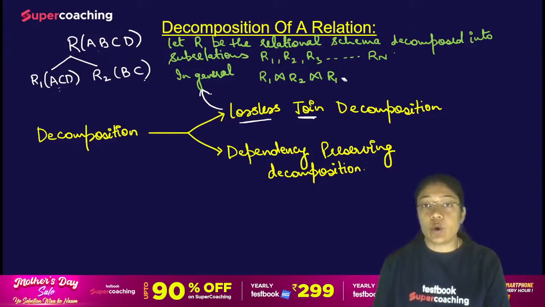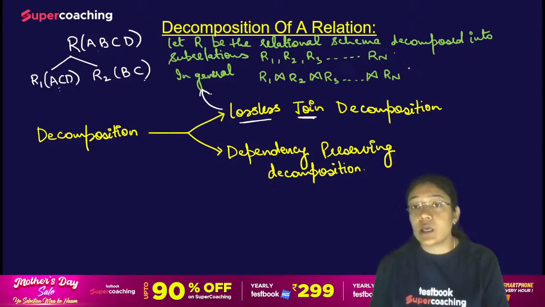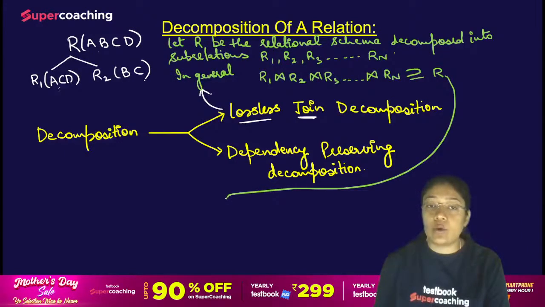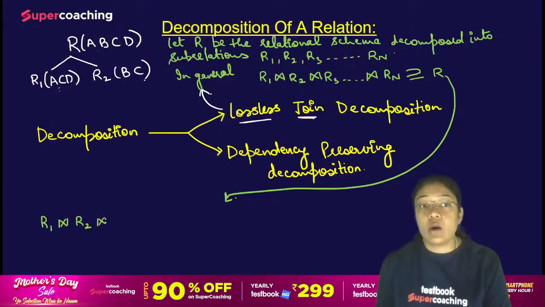this way we have to join all the subrelations, R3 and going till Rn. So this will either be greater than or equal to R. ये हो सकता है, but let me write here because I don't have much space there. So here two properties came: after joining, it might be producing the extra tuples or it might be producing the exact same number of tuples. दो options हैं.